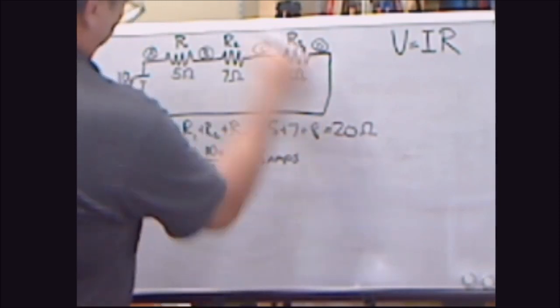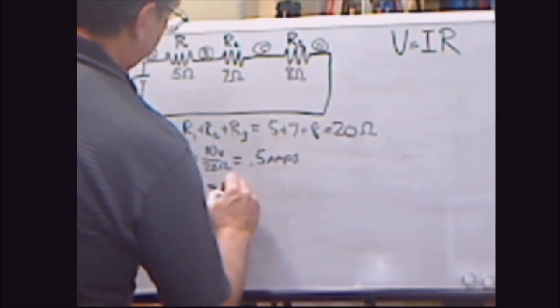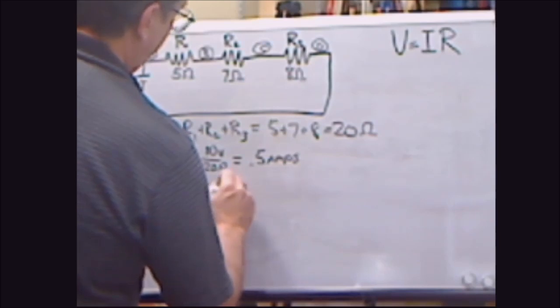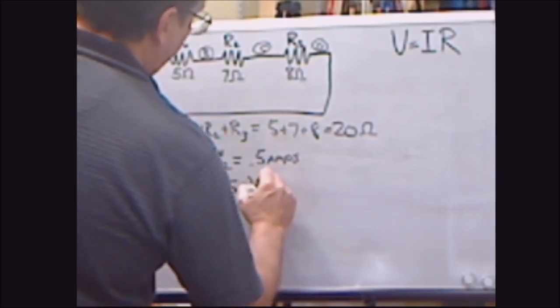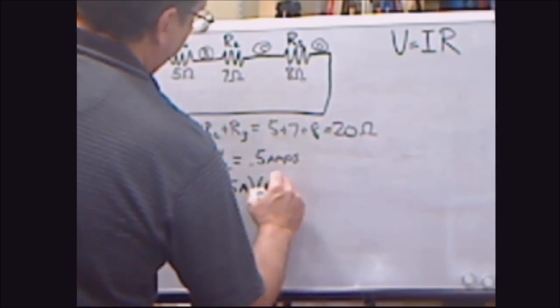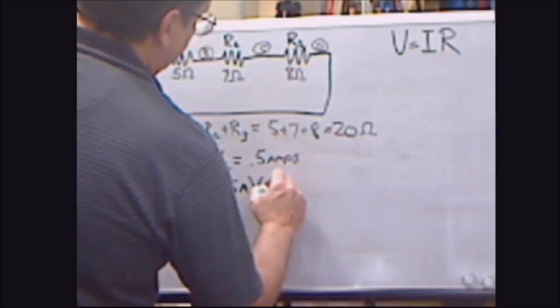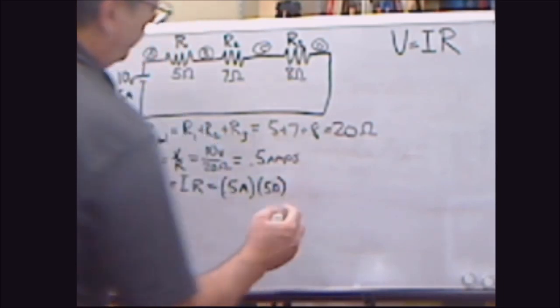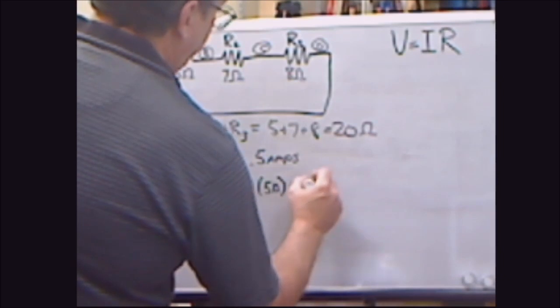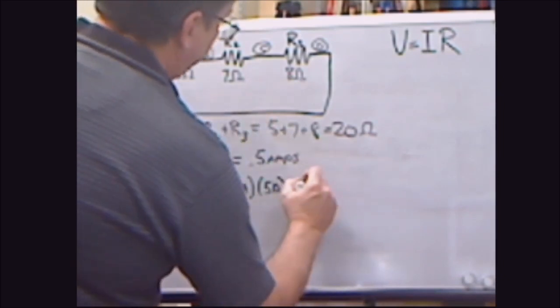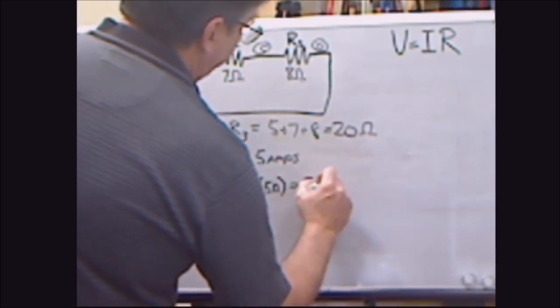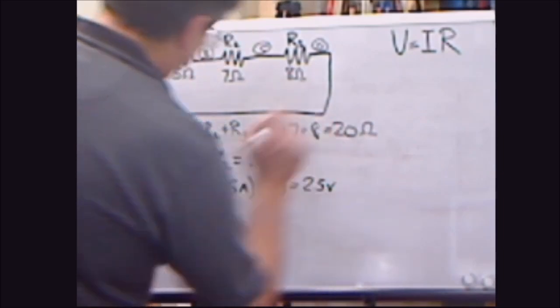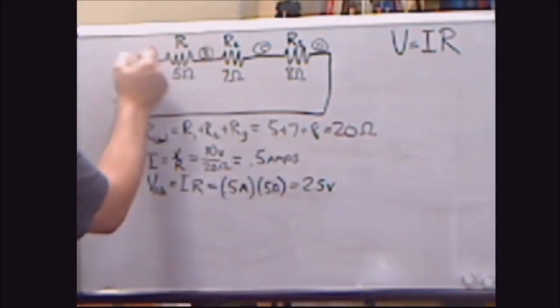The current in this configuration is always the same, 0.5 amps, times this resistor, which is 5 ohms. I'll probably start leaving those off soon. So that's going to equal what? 2.5. So there's a 2.5 volt drop across this resistor.